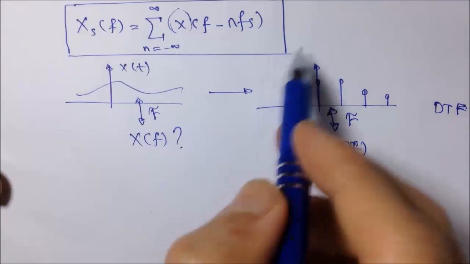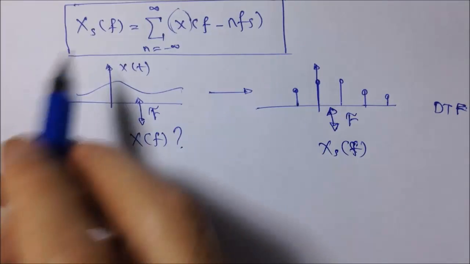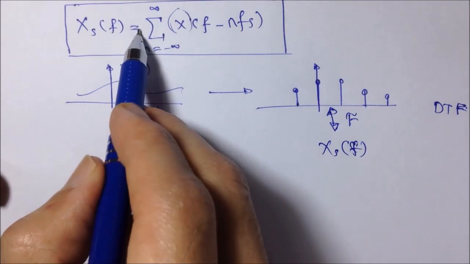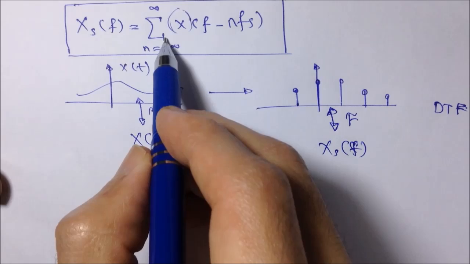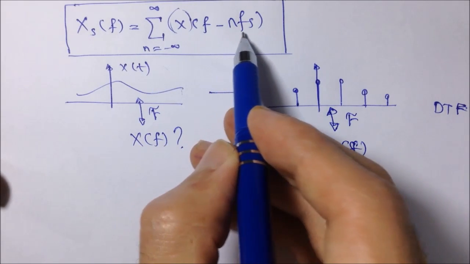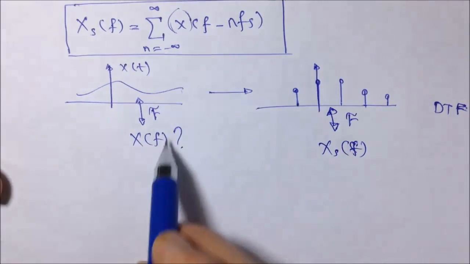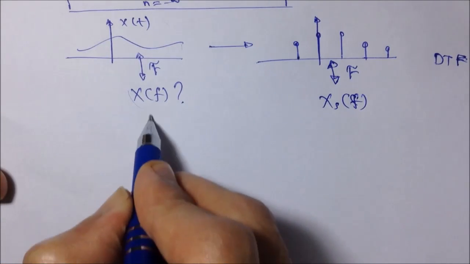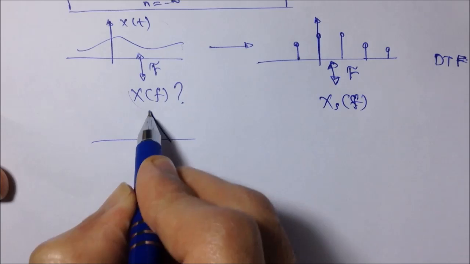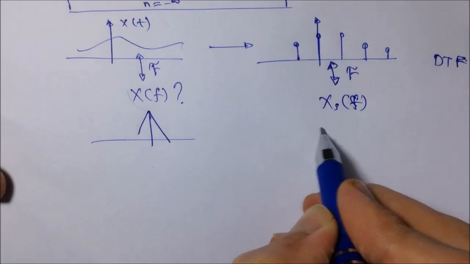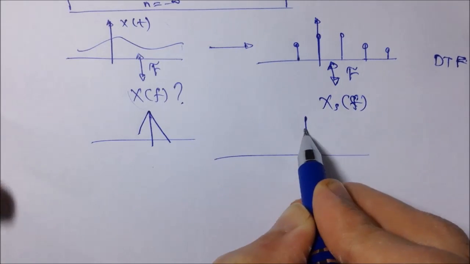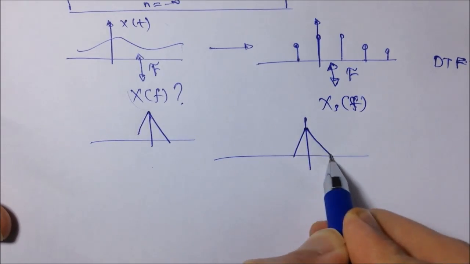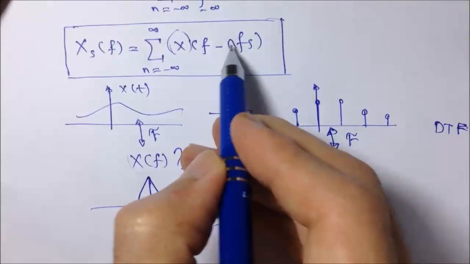So what this formula is telling us is that Xs of f is basically a sum of replicated shifted versions of X of f. If X of f looks like this, then Xs of f is X of f when n equals 0.